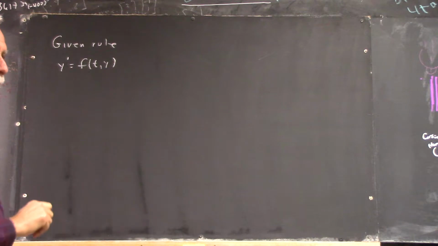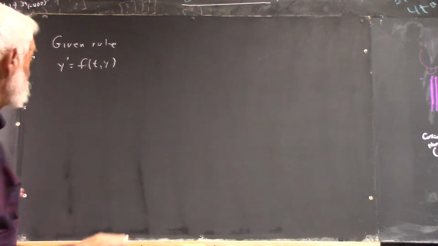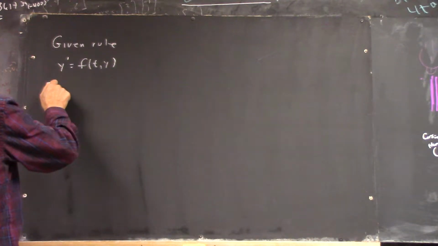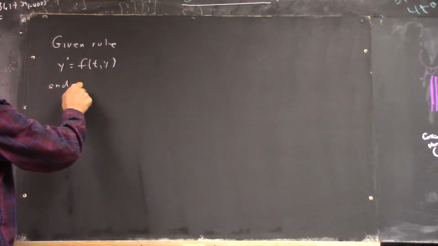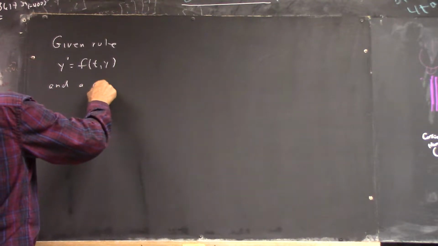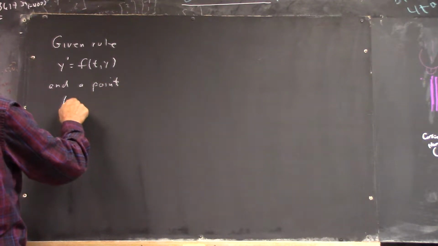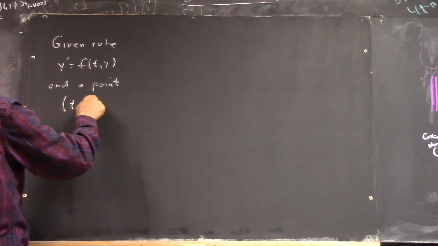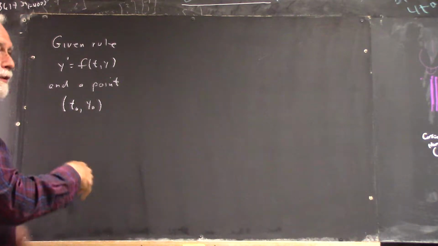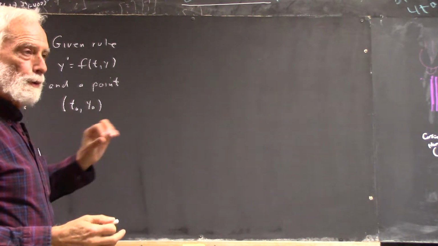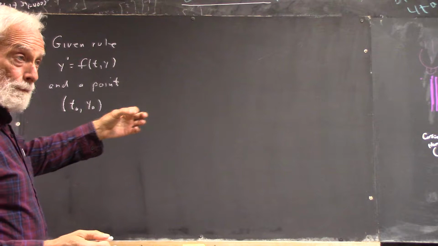Given a rule y prime equals f of t, y, in a point which I'll call t sub 0, y sub 0. In the case of the example you did, that was the point 0, 1, right? Okay?